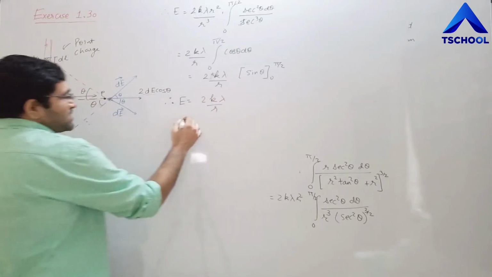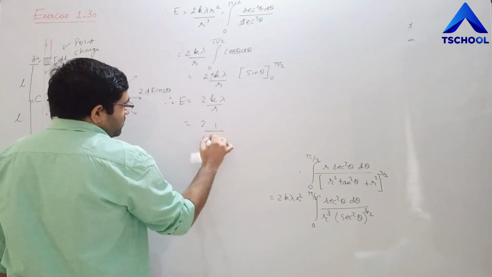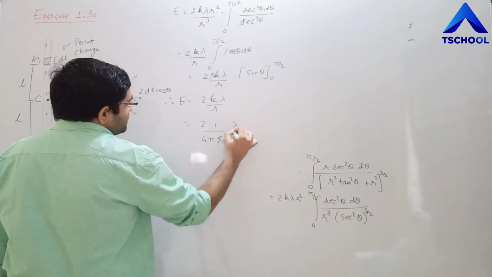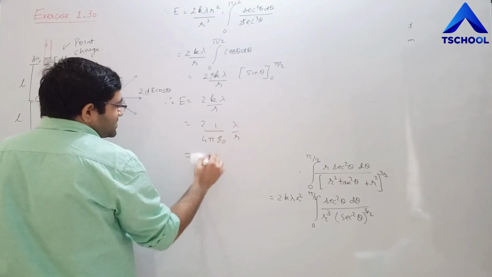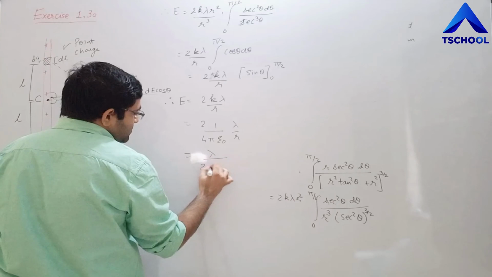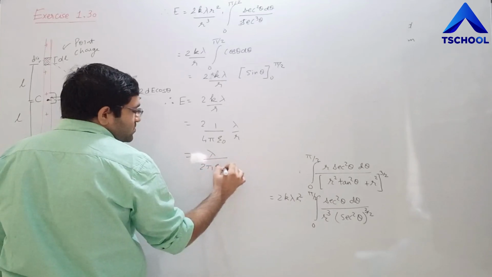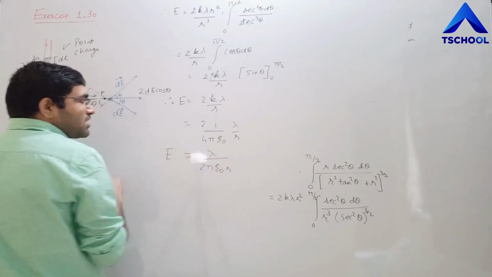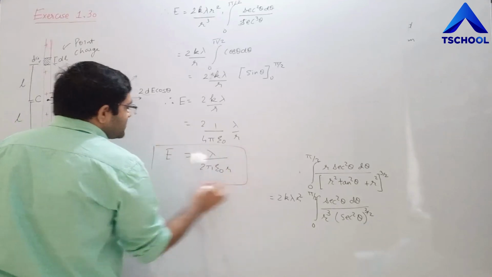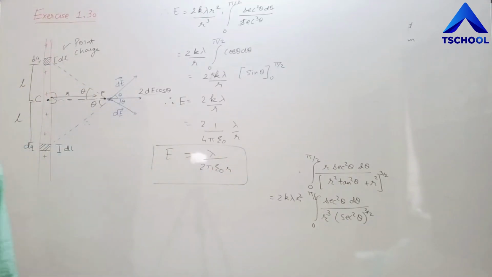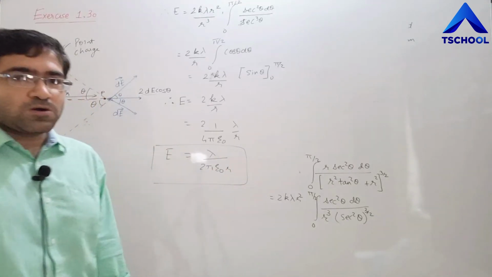Right? Again, k's value is 1 by 4 pi epsilon 0, if you want to put it that way. So 2 cancels with 4 and you get E is equal to lambda by 2 pi epsilon 0 r. Right? Obviously the same value as we got using the Gauss law, right?